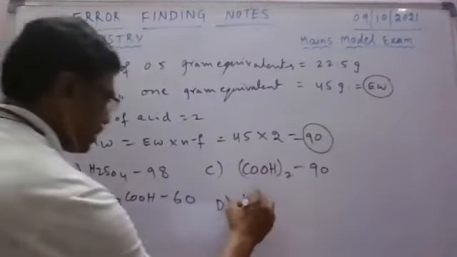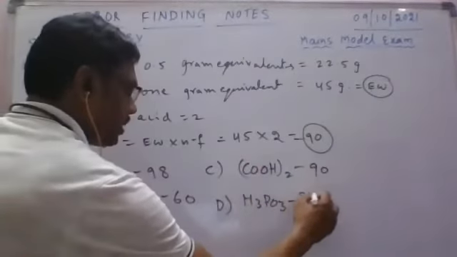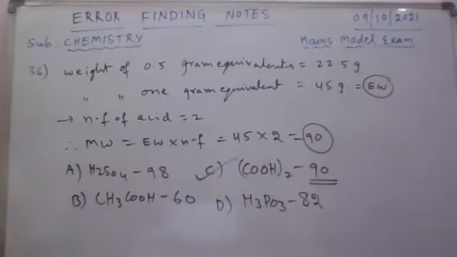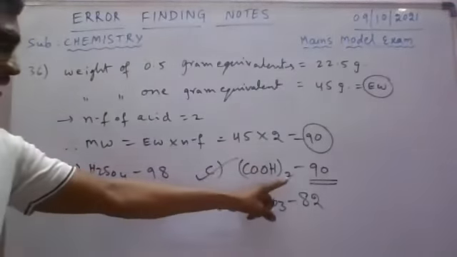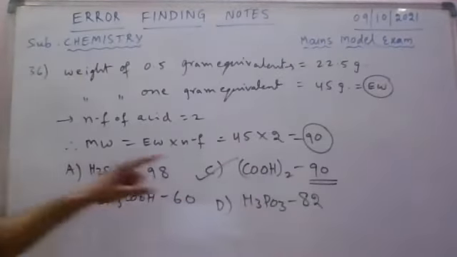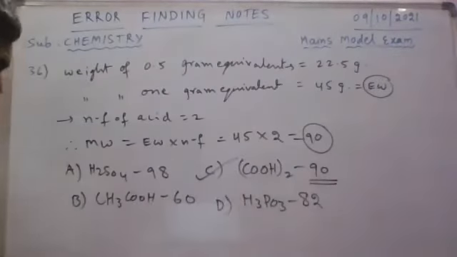Last, phosphorus acid H3PO3, that is 82. So the molecular mass 90 is for oxalic acid, with n factor value 2. The others have n factors 1, 2, 2, but the molecular masses are different. Molecular mass 90 is for oxalic acid.